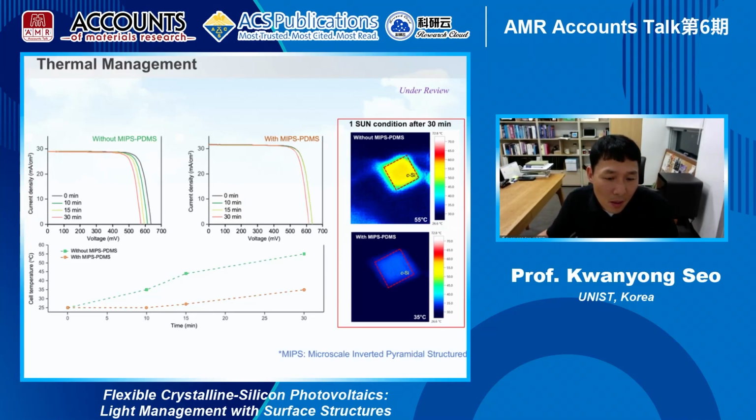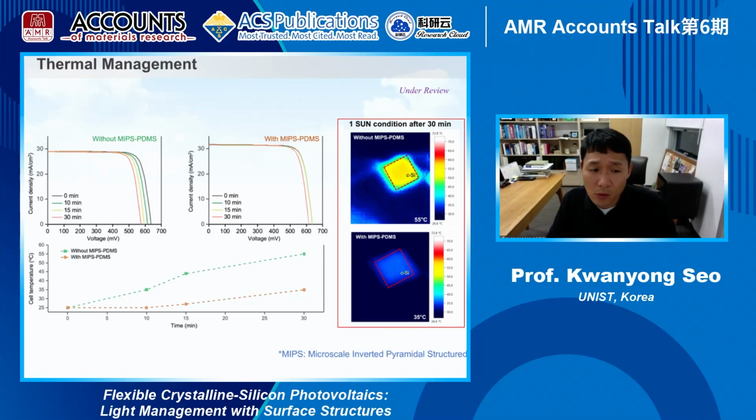So in this test, we simply did a 30-minute experiment under the same condition. Without the film, the surface temperature of the crystalline silicon increased up to over 55 degrees Celsius, the yellow color. However, with PDMS structures, it is still 35 degrees. So in only a 30-minute test, a 20-degree difference can be observed.